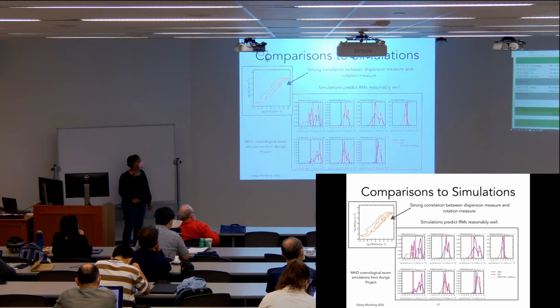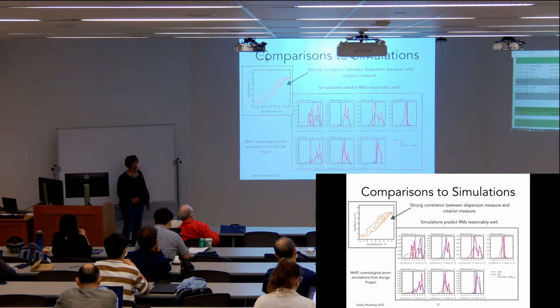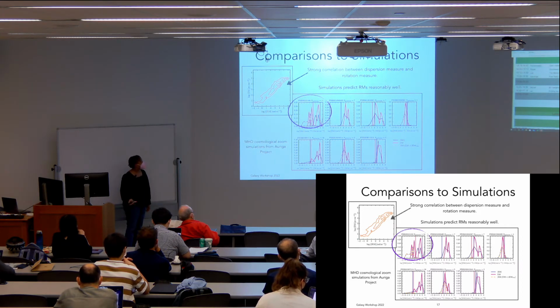And with that limit, we're better able to recreate the observed values of the rotation measure. And without that limit, we select for sightlines or get predictions that are a bit higher than the actual rotation measure values, or even a bit lower. And I want to focus specifically on this one up here.